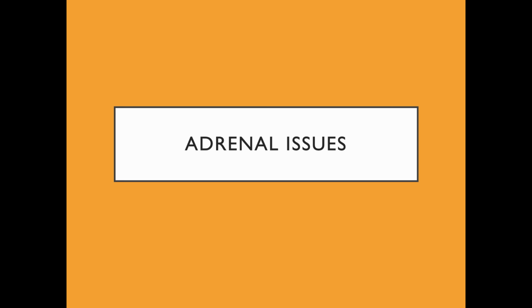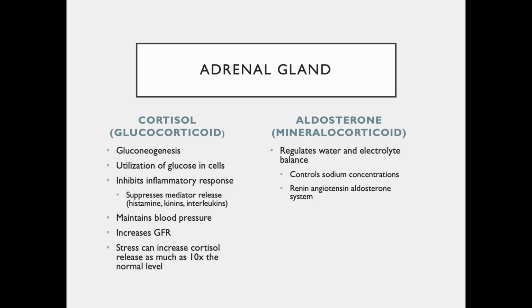So let's talk about some other metabolic issues like adrenal issues. Remember that the adrenal gland, first of all, has a couple of parts to it, right? It has the cortex, that is the outside, and then it has the medulla, which is the middle part or the inner portion of the gland. The cortex produces cortisol, which is a glucocorticoid.